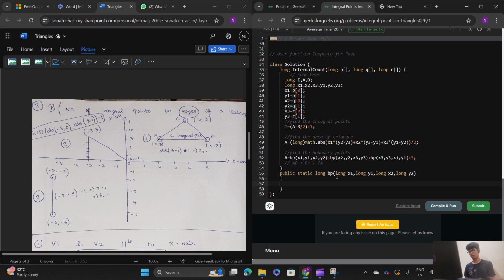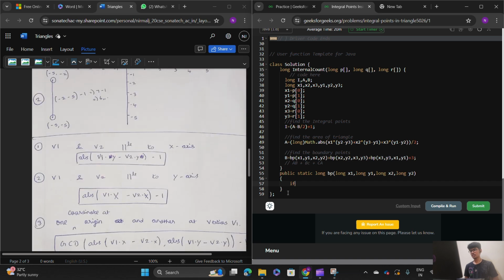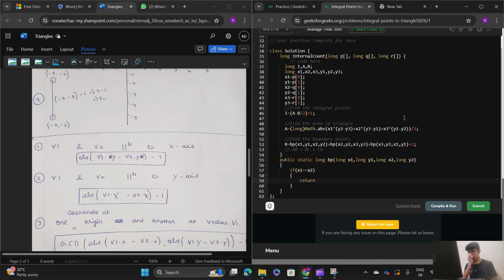Now I'm going to check these conditions. If my x1 is equal to x2, if x1 and x2 are parallel, in that case I'm going to return math.abs of y1 minus y2 minus 1.